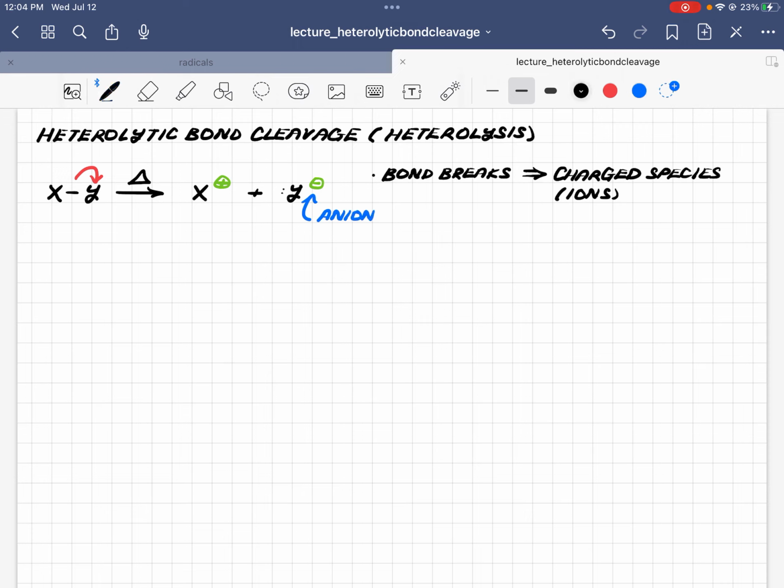And an anion is just a negatively charged molecule. We also have a positively charged species being formed here, and that is called a cation. And a cation is just a positively charged species.